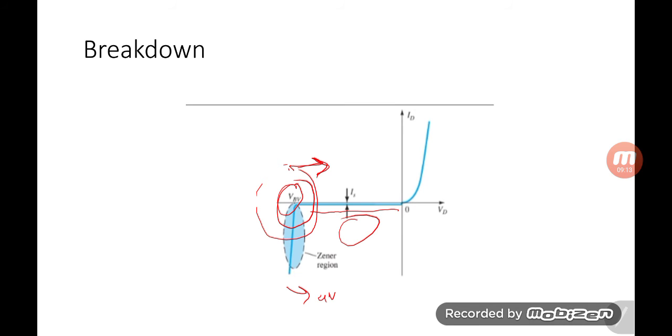The electric field acts as another mechanism which helps to break the bonds of atoms, increases the free charge carriers, and contributes to the negative reverse bias current. So that is called Zener breakdown, or Zener region.